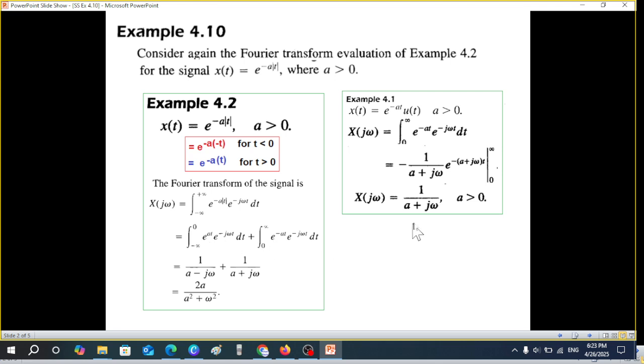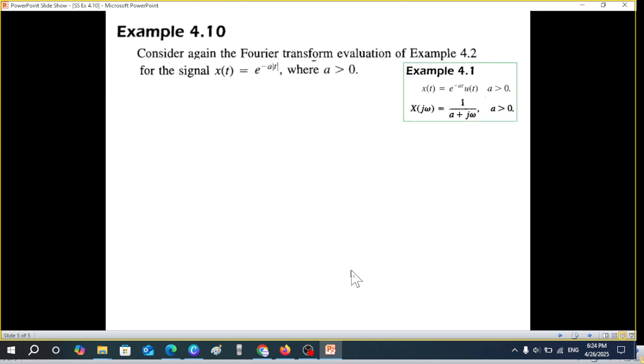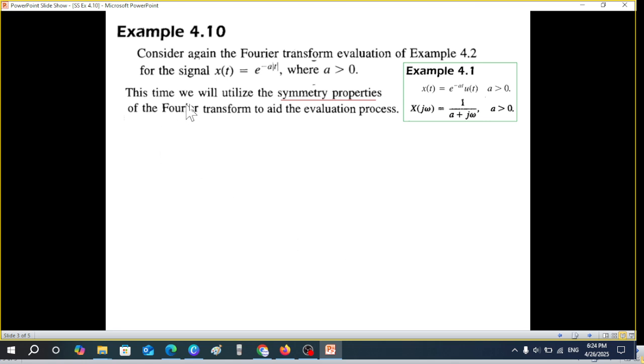Then using the relation that we got from equation number 1, X(j omega), and solving, we find this answer. In this case also we have to find this answer, but using the symmetry property. So this time we will utilize the symmetry property of the Fourier transform to aid the evaluation process.